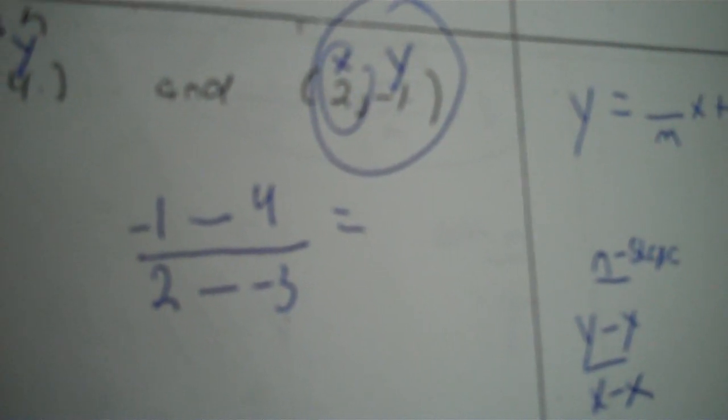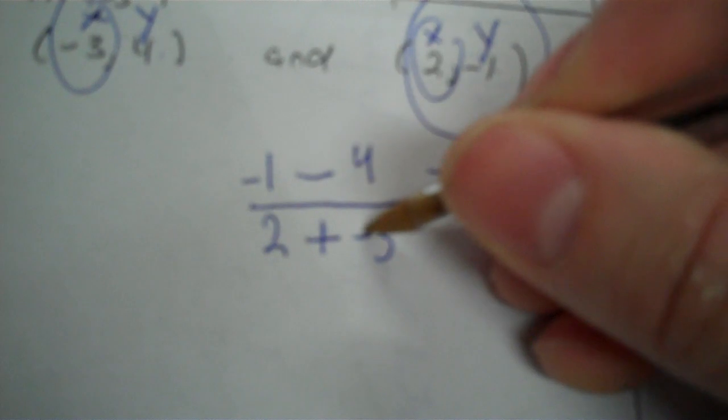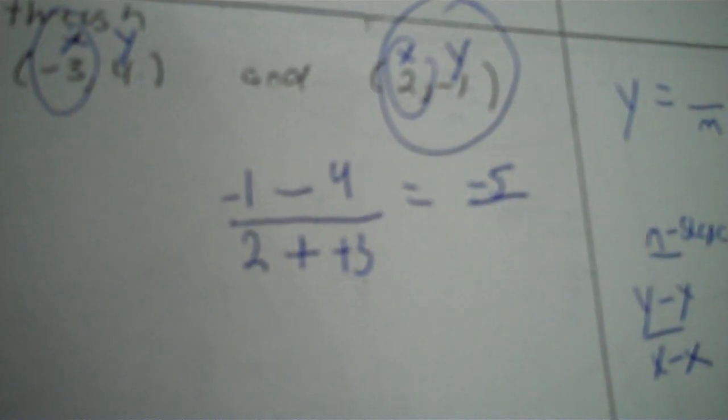Now on top, if you're at -1, minus 4 means you go 4 units to the left on your number line. So it'd be -2, -3, -4, -5. Now here we would start at 2, but when I'm minusing a negative number, that actually goes to the right because that's actually adding, okay?